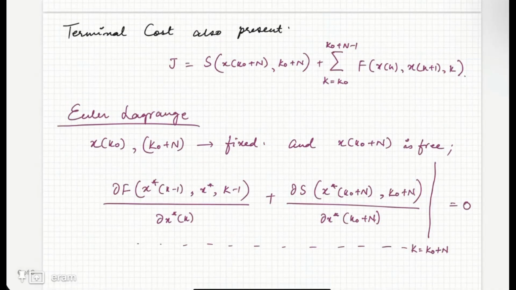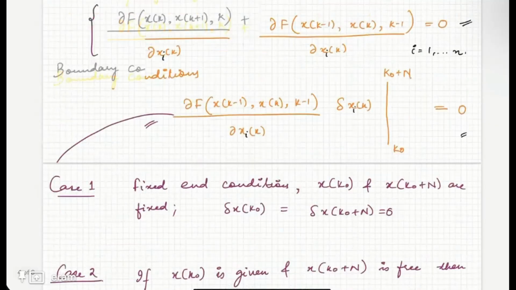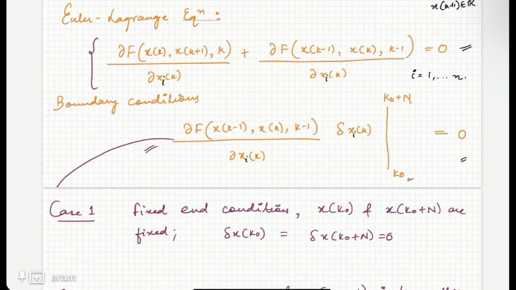If that is not fixed, then we have to evaluate at k naught as well.